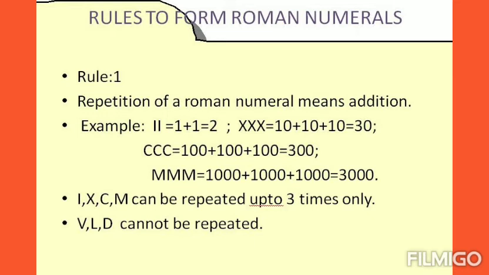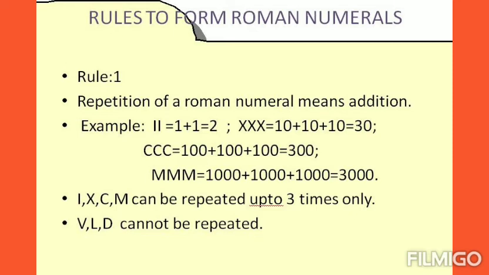The value of X is 10. If I repeat the value 3 times, then 10 plus 10 plus 10 is 30. Next, the value of C is 100. If I repeat 2 times, the value is 100 plus 100, 200. If I repeat 3 times, the value is 100 plus 100 plus 100, 300.